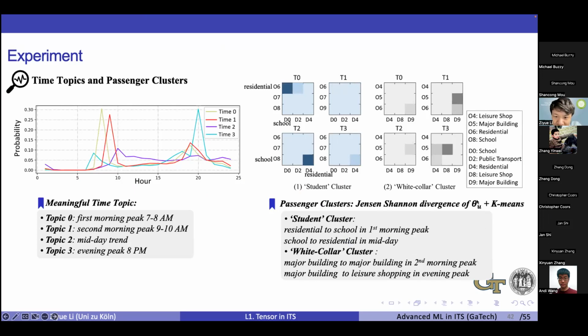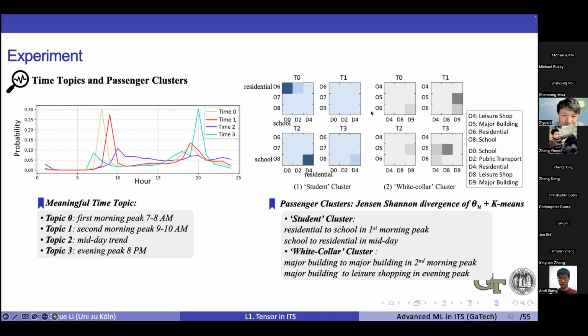We use the JKL topic distribution tensor, calculate the Jensen-Shannon divergence of each two passengers, and then use a basic distance-based clustering method, so we can find some quite interesting passenger clusters.